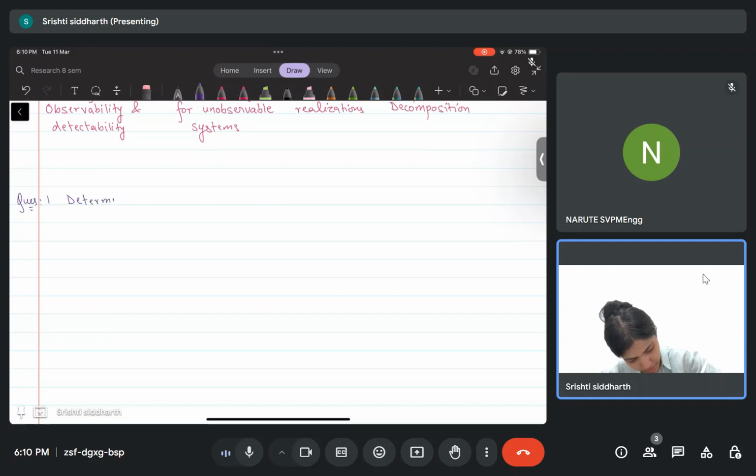First question is a simple one. Determine the observability of the LTI systems described by the following matrices.